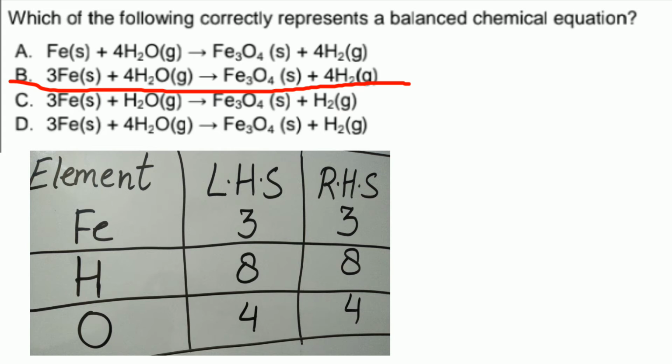In option 2, the number of atoms of iron is 3 in reactants and 3 in product. The number of hydrogen atoms on the left hand side and right hand side is also the same, which is 8. The number of oxygen atoms in reactants is 4 and the number of oxygen atoms in product is also 4. So option B is a balanced chemical equation.